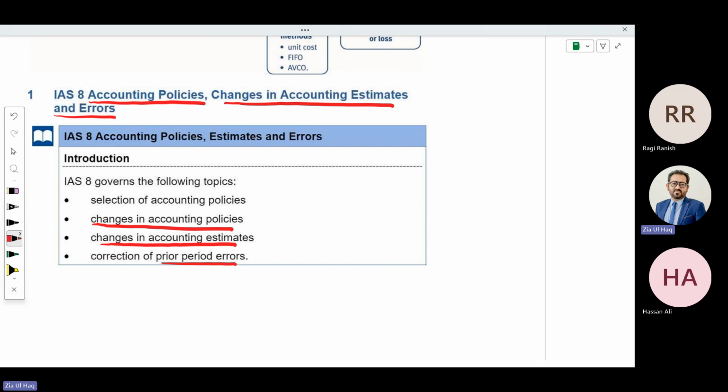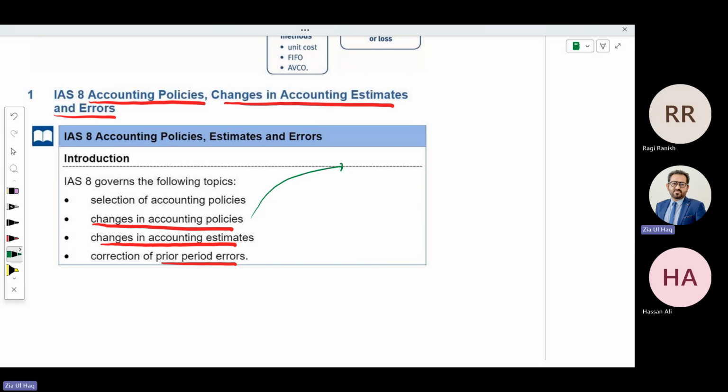So let's discuss the main theme of this standard. If a company is changing its accounting policy, like in the past, they recorded their asset on historical cost basis. Now they are moving towards a fair value basis, current cost basis.